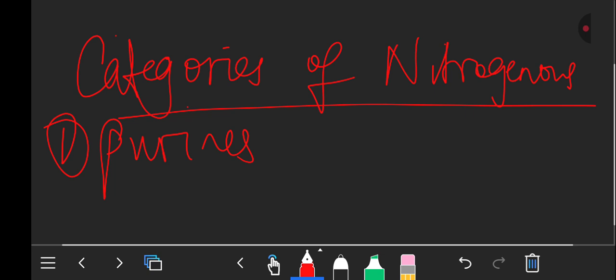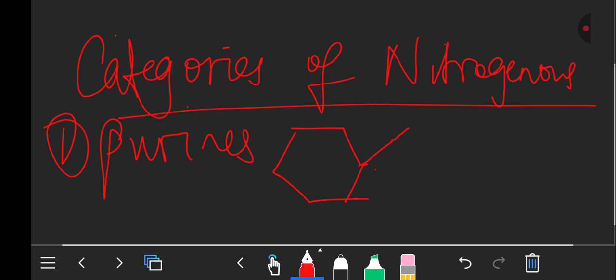So what are purines? Purines are the double ring structures, or two-ringed structures. They are like this. We can have a 6-membered ring like that, joined to a 5-membered ring.